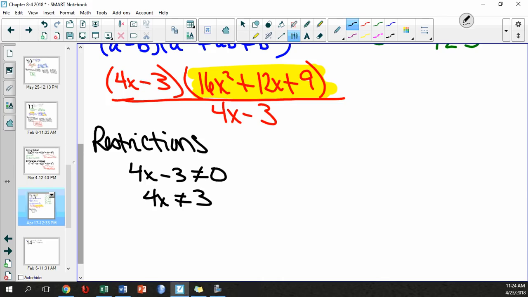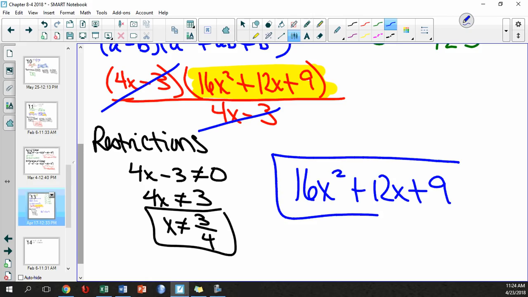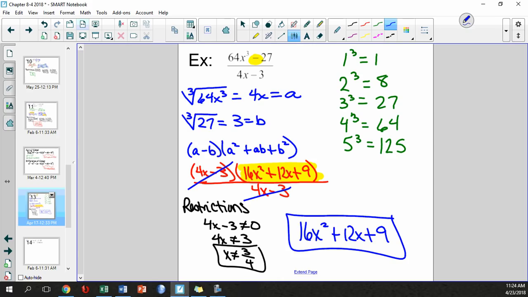Add the 3 over and then divide by 4. Now, from left to right, is there anything in both the top and the bottom that cancels out? Those cancel out, and your final answer is 16x squared plus 12x plus 9. Okay?